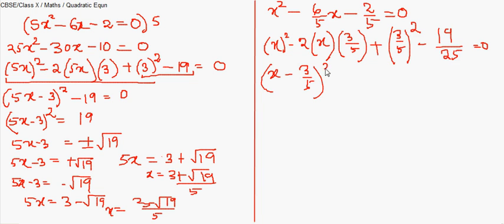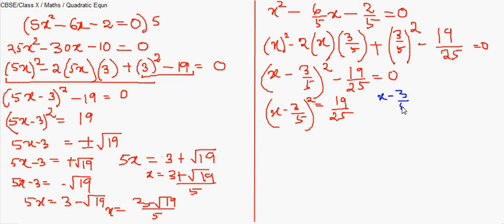Whichever method you follow, the roots of the equation will be the same. So again it is 3 by 5 whole square. Now moving to the right, it's 19 by 25. Again I find the square root of it, thereby giving x minus 3 by 5, and on the right it becomes root 19 by 25, plus minus. So it is x minus 3 by 5 is equal to plus minus root 19 by 5.